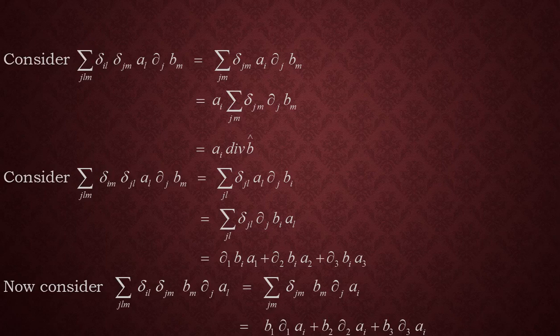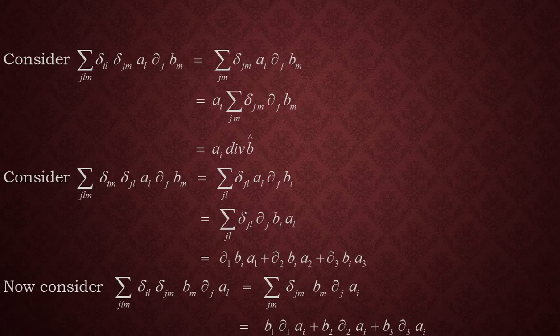From this expression, we can take out a suffix i. Then it becomes a suffix i sigma over jm delta suffix jm dou j bm.